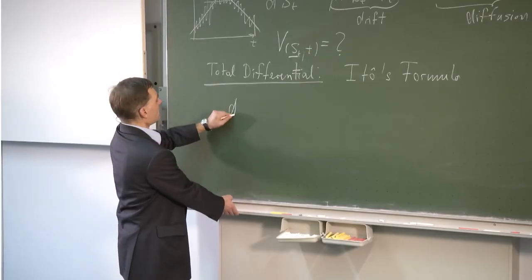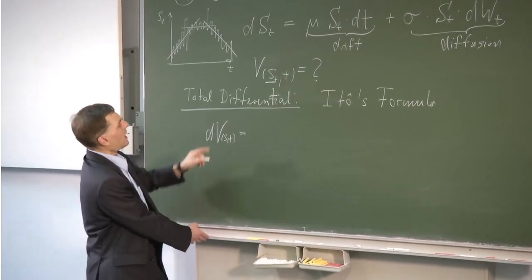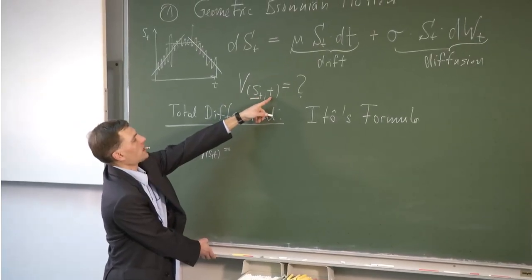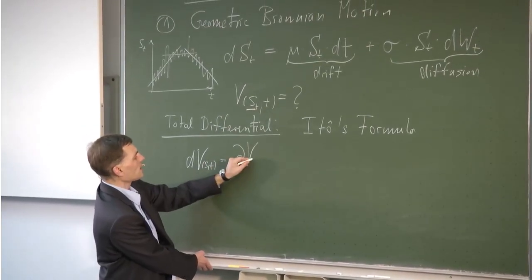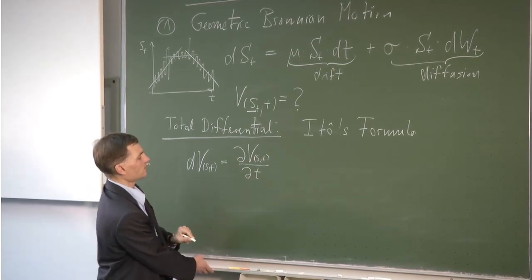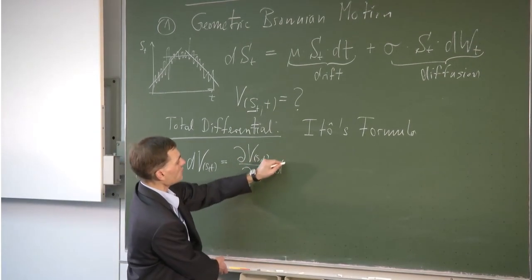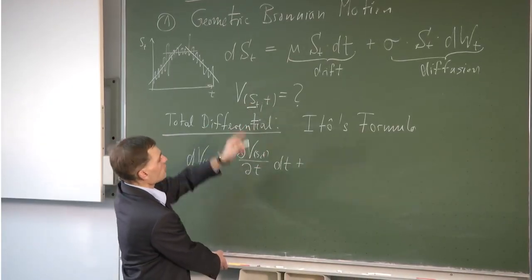Well, it's the change of the option price function, and then it's the derivative in respect of the time t, and it's a partial derivative, therefore del of this function in respect of t times the change of time, dt. Then the next component is the change of my stock price.